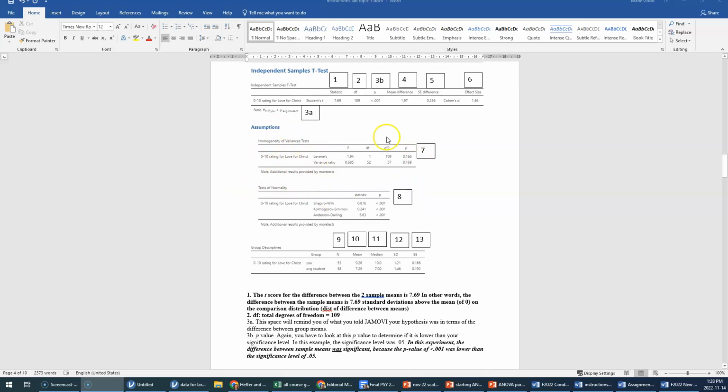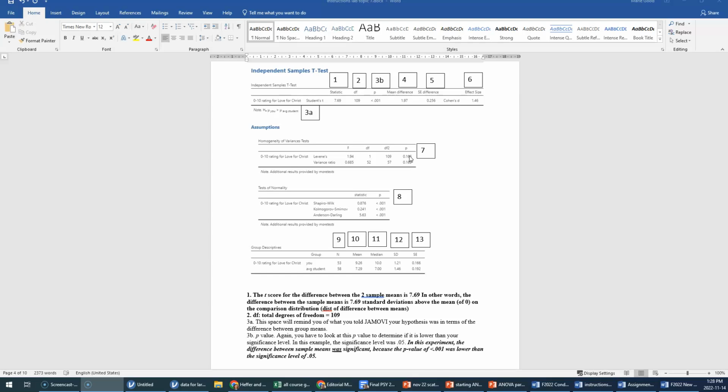All we are looking for is that each table has a p-value. We're going to stick with Levene's, just the top row here, and look at the p-value. If the p-value is large, meaning greater than 0.05, then that particular assumption, in this case the homogeneity of variance assumption, has been met.